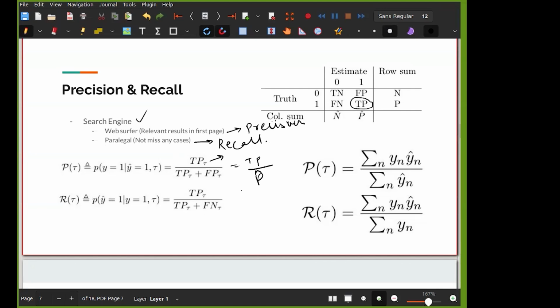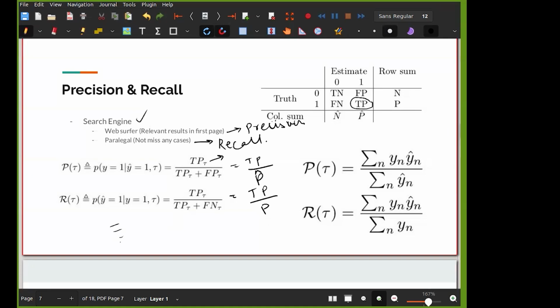And the definition of recall is also simple. It's true positive by true positive plus false negative. So this can also be written as true positive by P. Again, recall is about I take all the ground truth data which is positive class and see how many of them have been classified correctly. That's my recall. And if you think about it, that's exactly what you want from the paralegal situation.